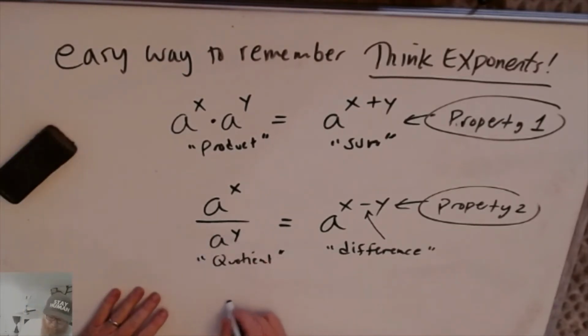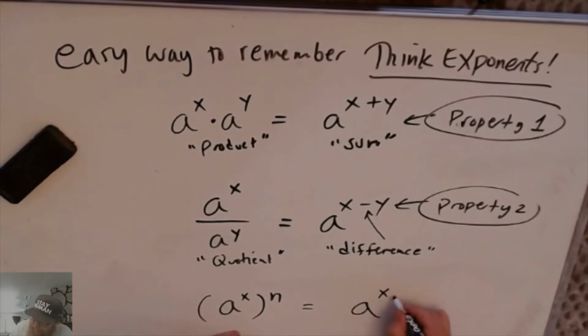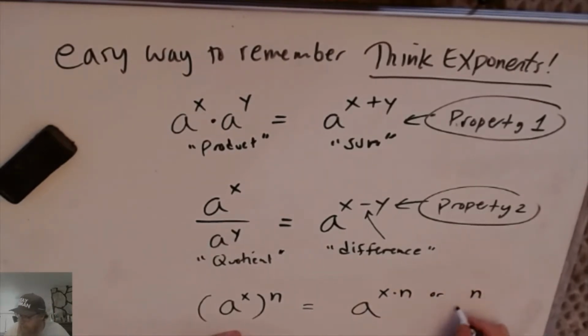And then the last one would be if you had a to the x and then some multiple, some power of n. Well, then you would multiply a^x times n, or we often write a^(nx). Again, tomato, tomato, these mean the same thing. Okay?